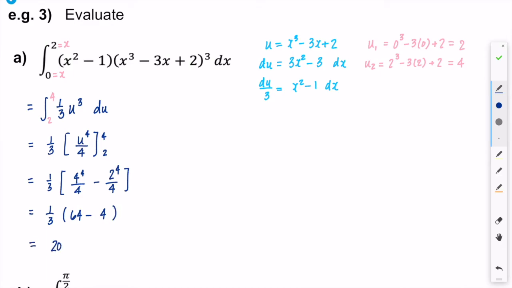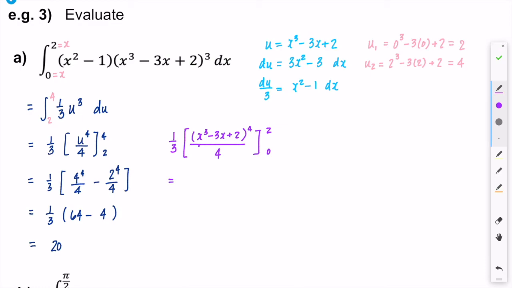Okay? Now, what if you're questioning, well, does it really make a difference if I have to start here and then back substitute x cubed minus 3x plus 2 back into this expression and then use my original boundary to evaluate my answer? Well, let's compare.